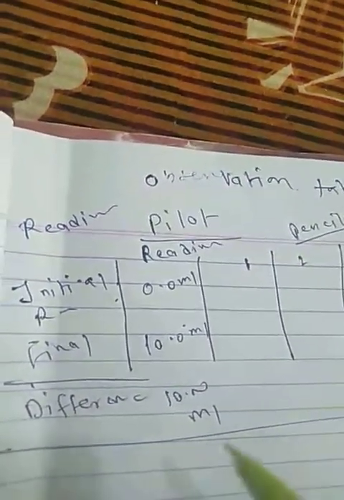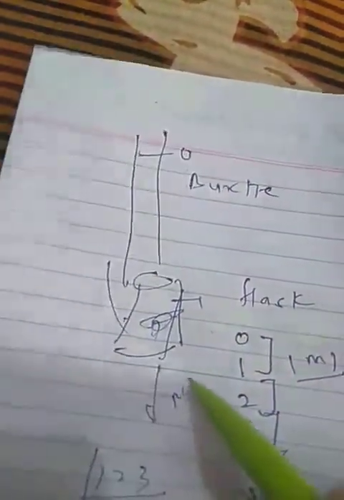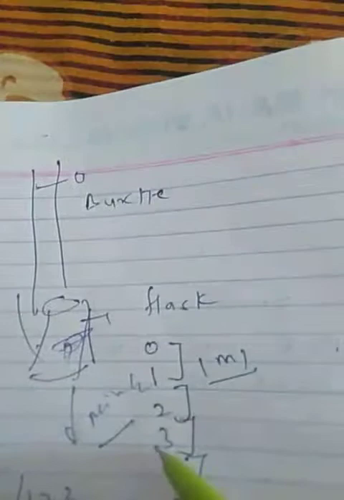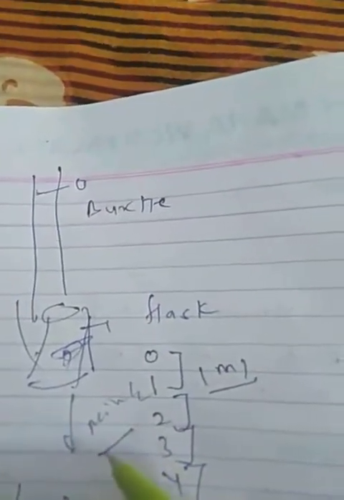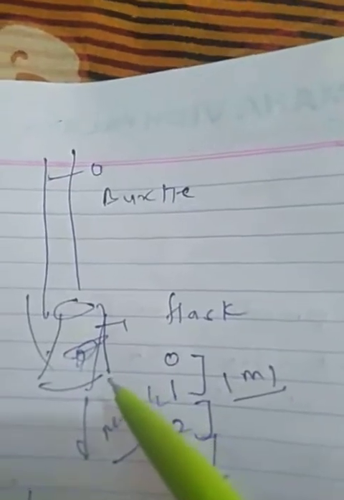Okay. Now again, for the next reading, see, in the flask the pink color solution is there. So you have to throw it, right? Utensils also, if we are eating in a thali plate or whatever, we are cleaning it. So throw the solution, don't throw the flask. It is very costly.